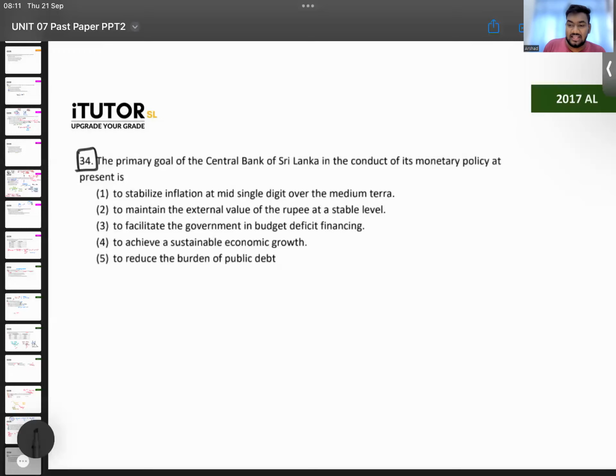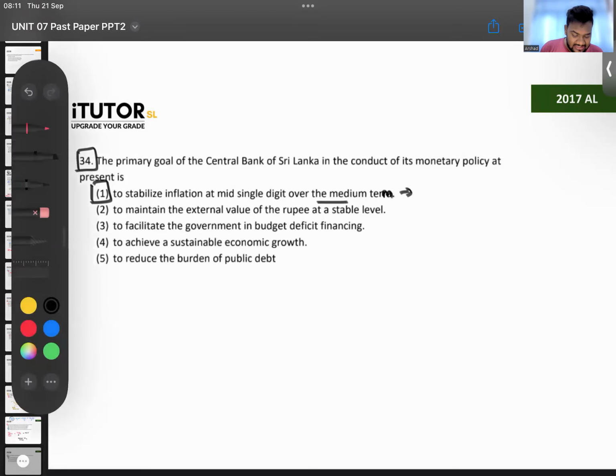So the primary goal, guys, of monetary policy is number 1, guys, to maintain or stabilize inflation at a mid-single digit. 1 for 34, right? In the medium term, but there is a name for this, guys. What is this thing called? Keeping inflation at the central bank's target.